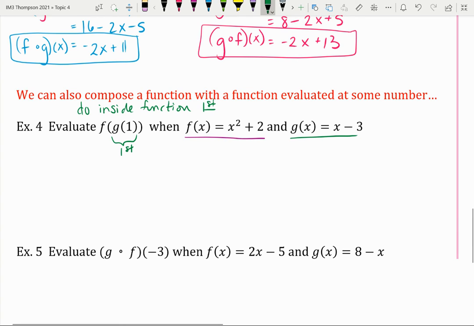So here I want to remember my same composition rule. I'm going to start on the inside and work my way out. So evaluate f of g of 1 when f of x is equal to x squared plus 2 and g of x is equal to x minus 3.